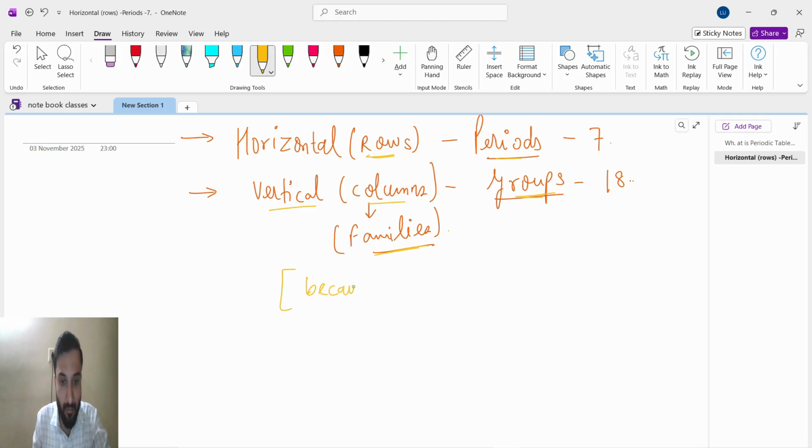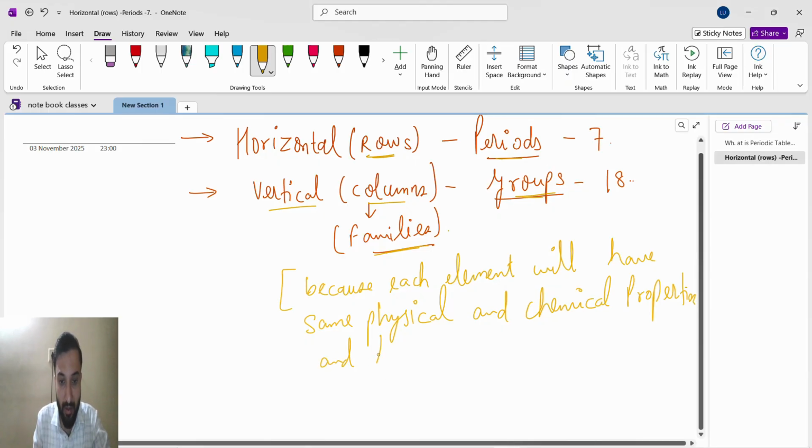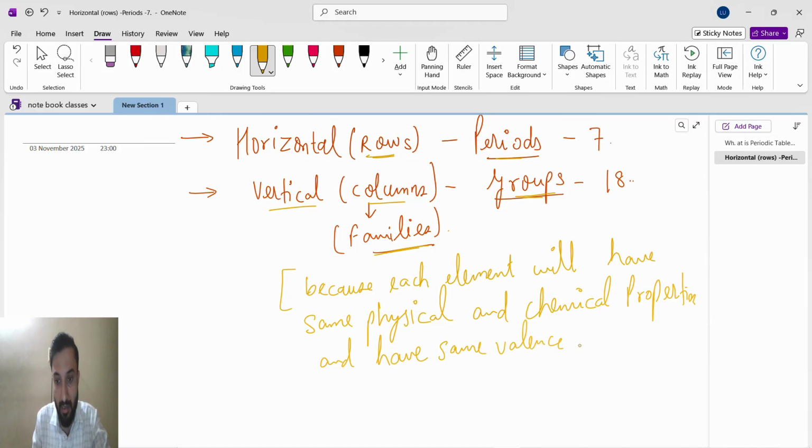Because each element will have the same physical and chemical properties and have the same valence electron.